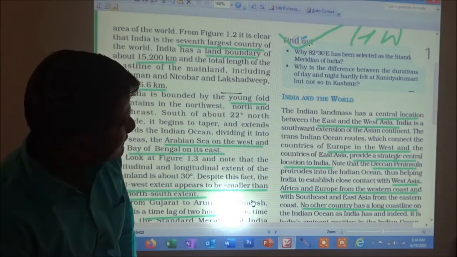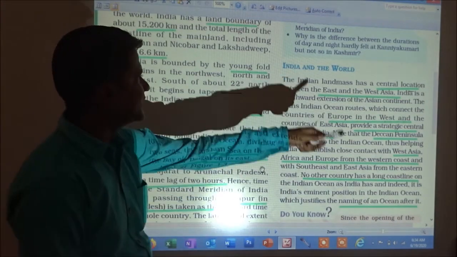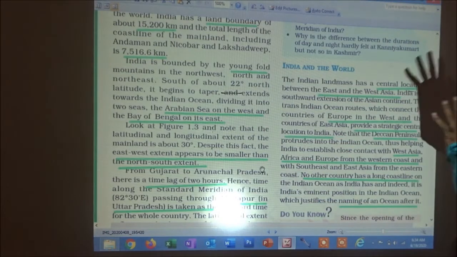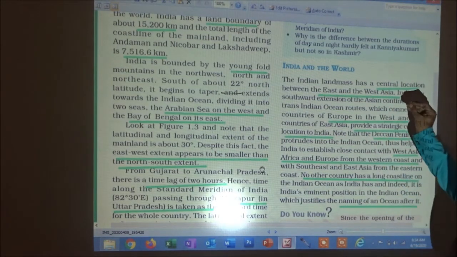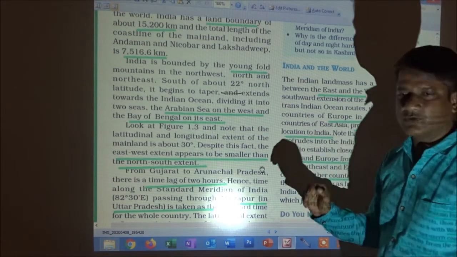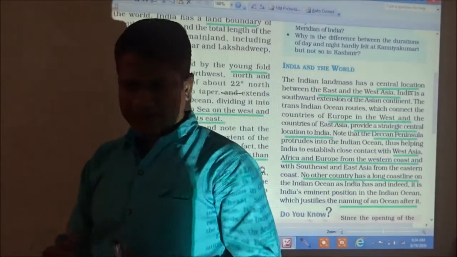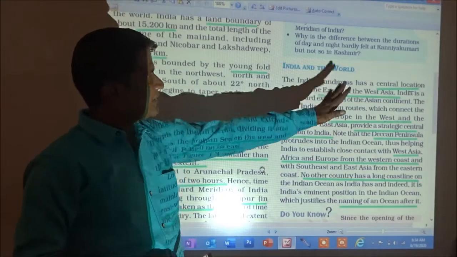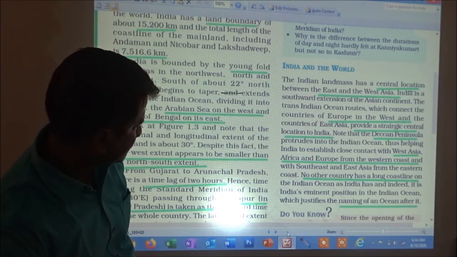Now we are going to discuss the next topic, that is India and the world. Again we discussed that India, as a landmass, has a central location. What is the meaning of central location? India is almost situated in the center of Asia. How? Just look at the map once again.